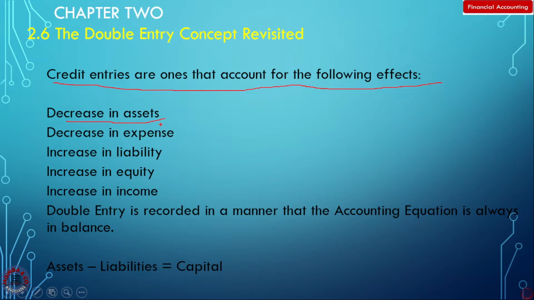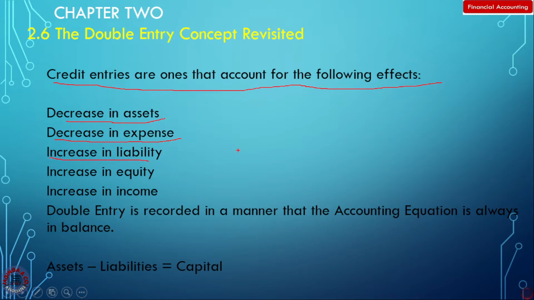Decrease in asset, because all assets are debited. When you credit the account of an asset, you will reduce the value of that asset. Decrease in expense, again, all expenses are debited. So when you credit the expense account, you are reducing the value of that expense.